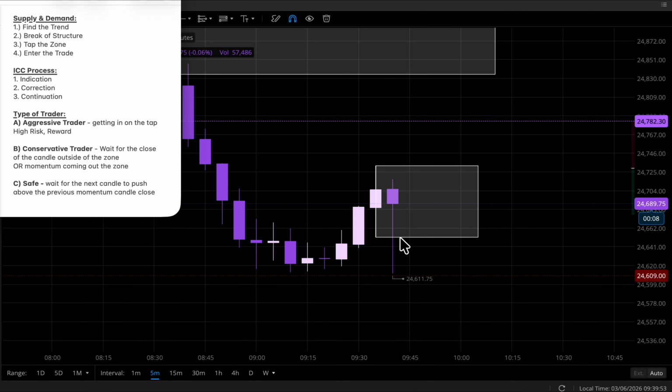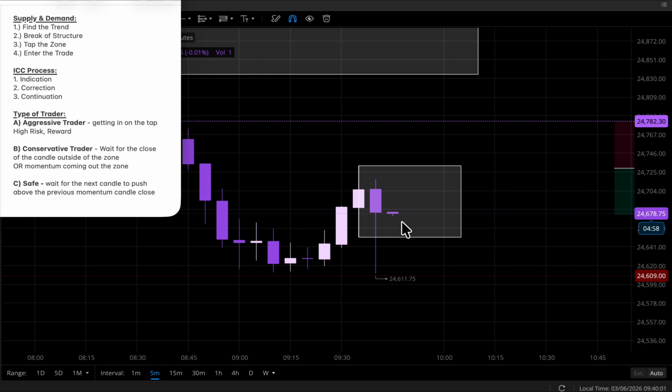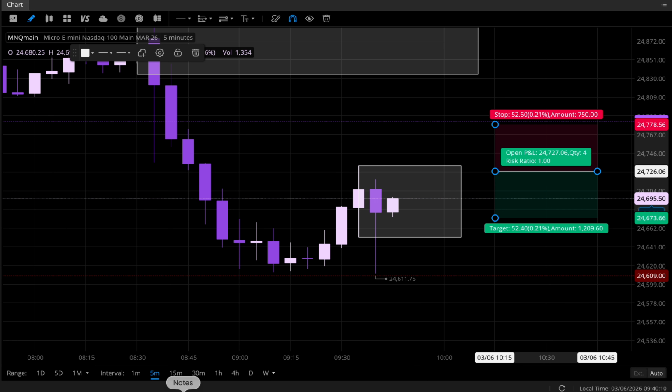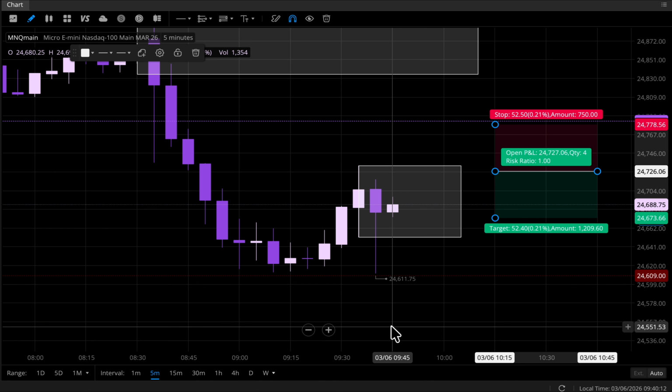Oh, okay. Because it looked like it wanted to flip. It did close inside the zone though. So we want to see it close outside the zone for a continuation to the downside.